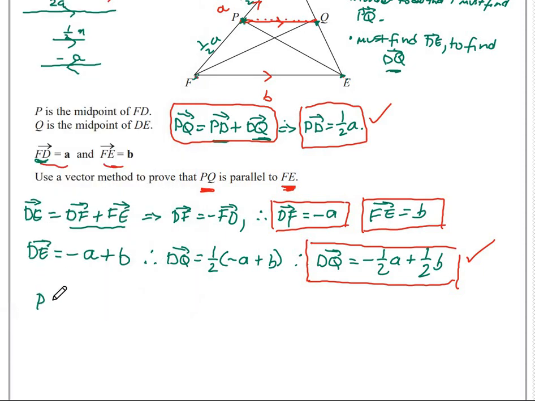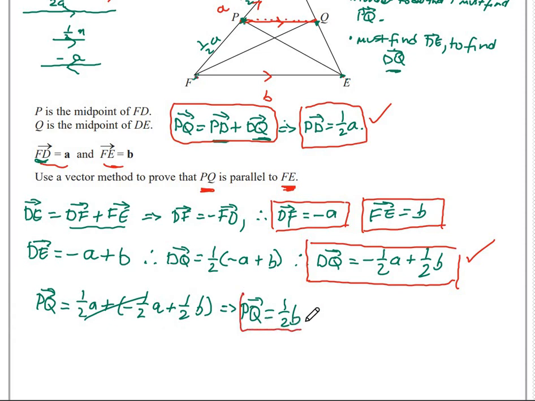So PQ equals PD, which is half A, plus DQ, which is minus half A plus half B. If I simplify that further, I have half A plus minus half A, so that cancels out completely, and I'm left with half B. So PQ equals half B. So I found PQ.